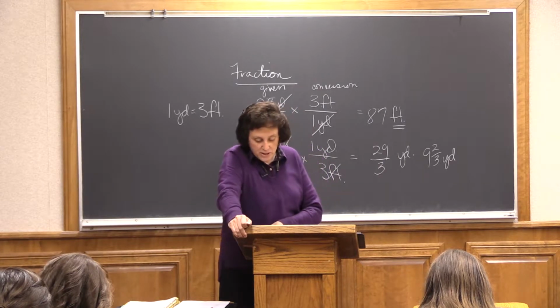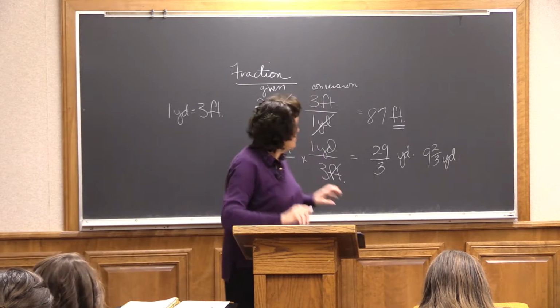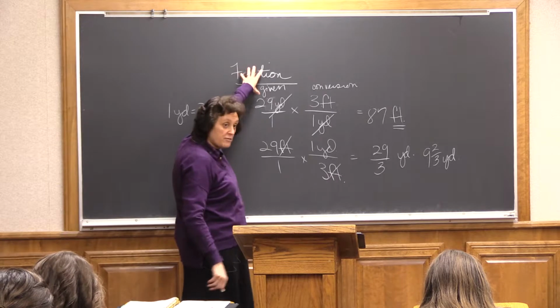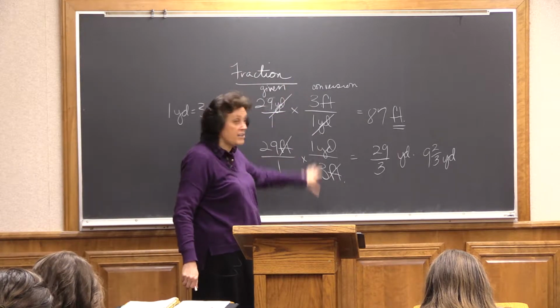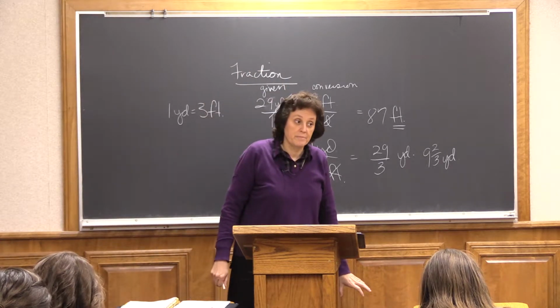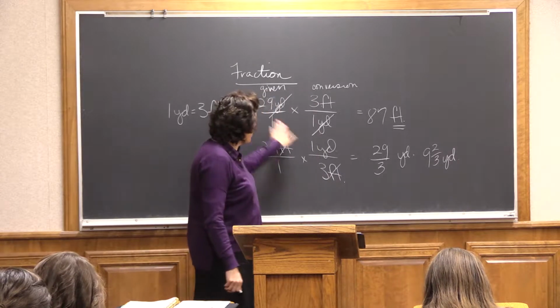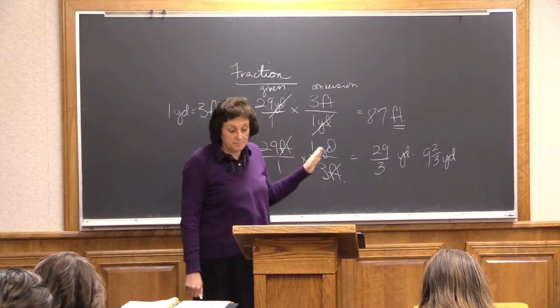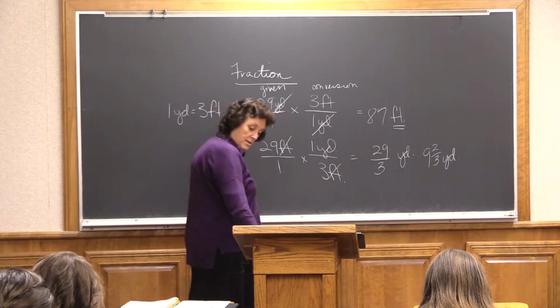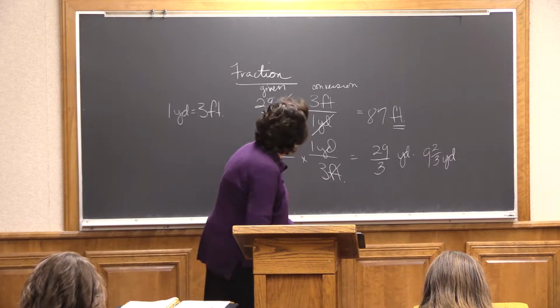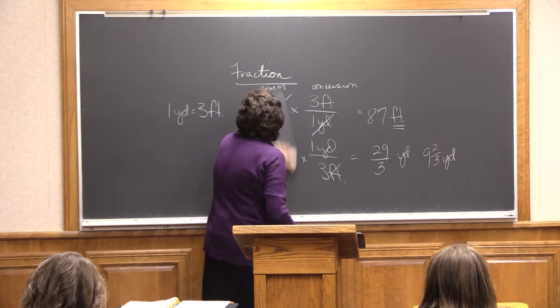That is how we're going to do the math. We're going to keep it in fraction form, and then we can do multiplication all the time. And then we can also cross-cancel numbers if that applies. For example, what if I have this conversion?